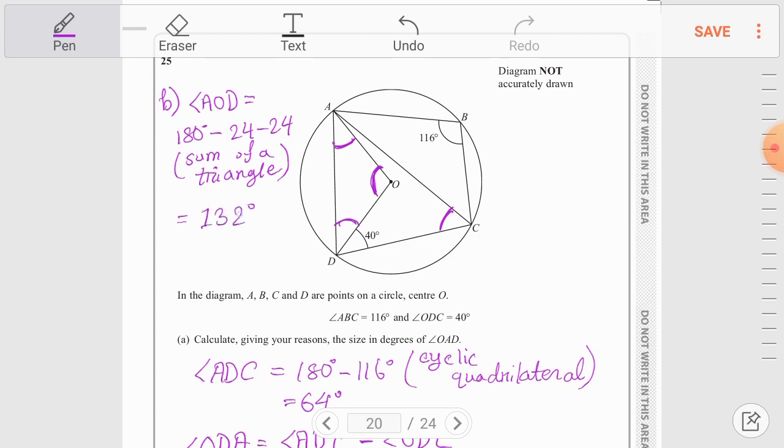And as I've already mentioned, that angle ACD is kind of at the back of angle AOD, so we can calculate this angle ACD by dividing this angle by 2. So I'm going to do angle AOD by 2. I'm doing this because this is under the formula for a theorem.